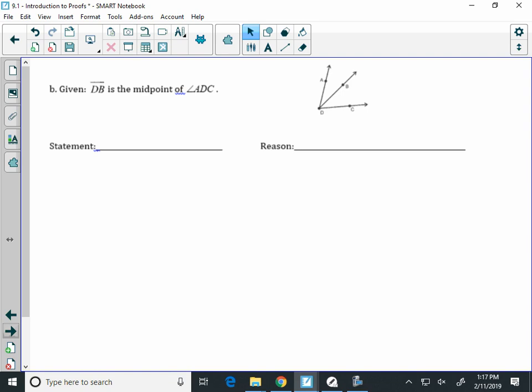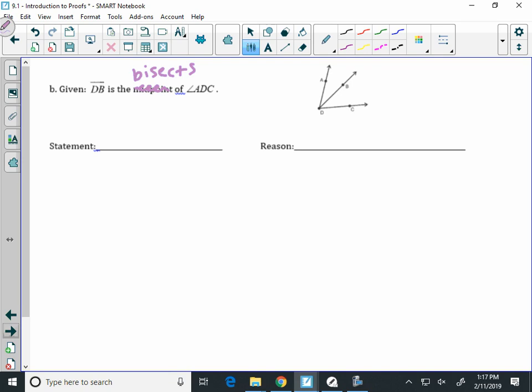So here, this is a piece of information we're given. We're given that DB, and this is a typo. I thought I fixed it. Bisects angle ABC. Okay? So start thinking. If I know DB bisects that angle, what can we make a statement? What do we know?